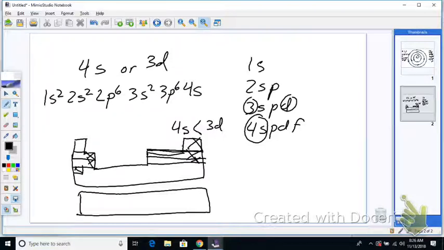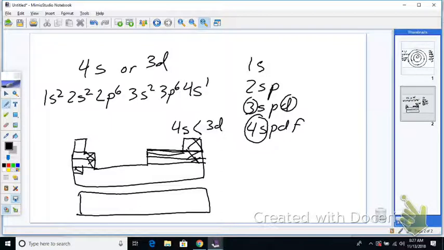Now I'm going to tell you a little trick: if you count down the periods, they tell you what the s's and p's are. Every time you count down your periods, period 1, period 2, period 3, period 4, that tells you your s level and your p level that those sublevels are in. So that'd be 4s1. Make sense?